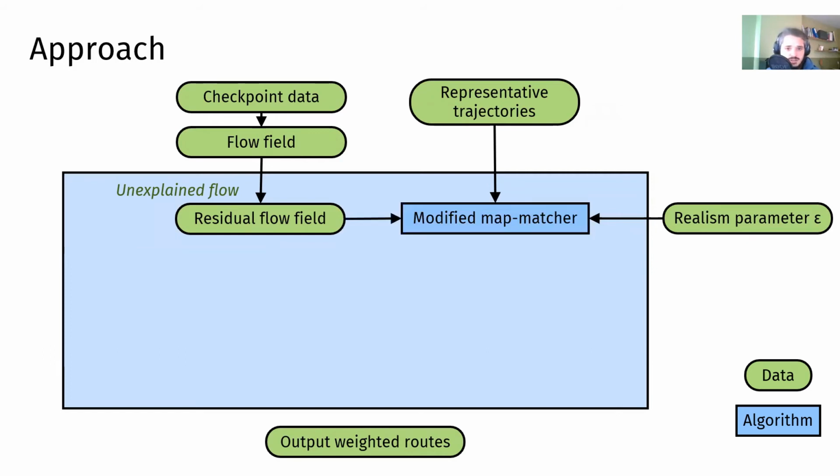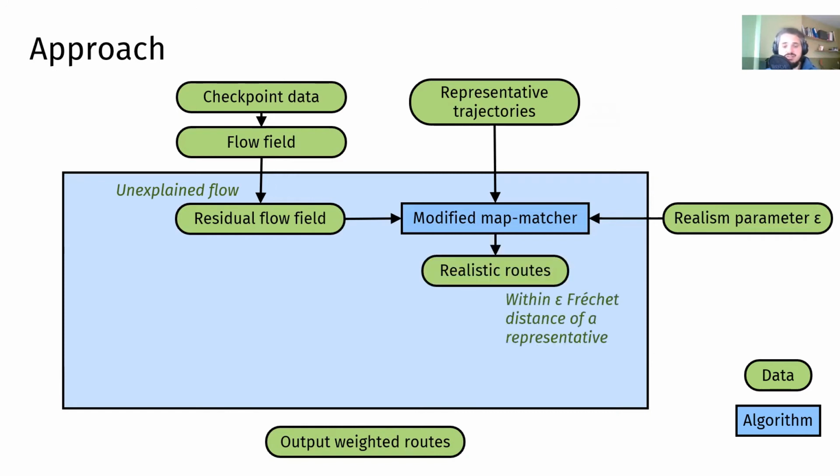We are going to feed this along with our representative trajectories and a realism parameter into a modified Fréchet map matcher. And this will give us realistic routes that are within the correct Fréchet distance of a representative. And in addition, here our heuristics come into play to get routes that potentially explain a lot of flow. For more details, I'd refer you to our paper.